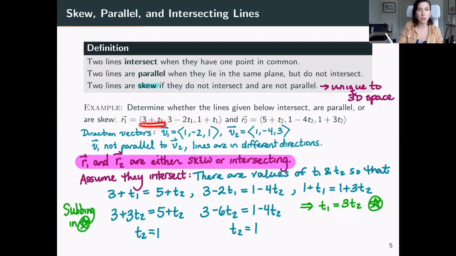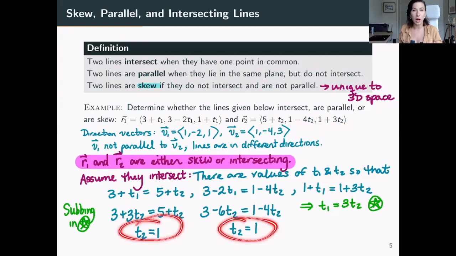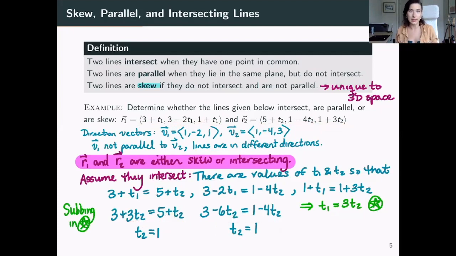So the x coordinate equal to the x coordinate, y equal to y, and z equal to z for the same values of T1 and T2. Because I got T2 on both of these, I know that these lines are going to intersect.